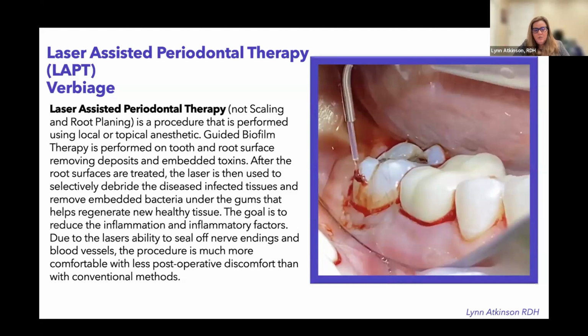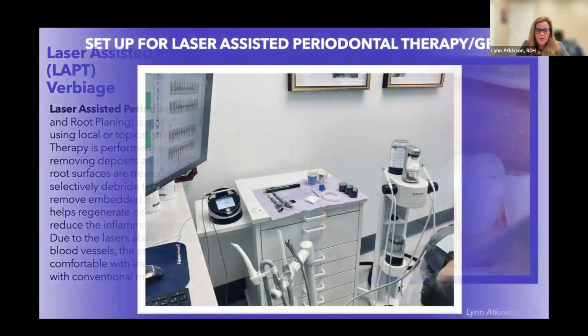And due to the laser's ability, it kind of seals off those nerve endings, so they don't really have discomfort afterwards. But in laser-assisted periodontal therapy, you can see that coagulum kind of building up around the end of that tip. That's something that you want to wipe off before you re-enter that pocket area. Otherwise, if you kept going and going, you're going to have a hot tip, and we don't want that.